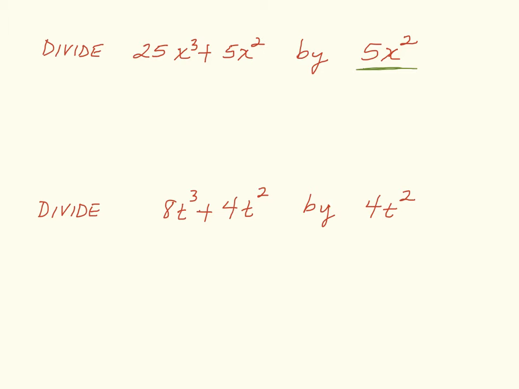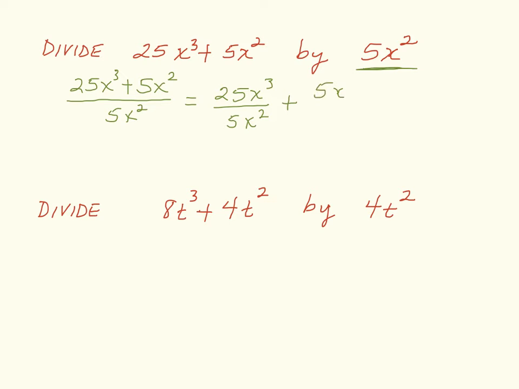So in order to divide a polynomial by a monomial, all you do is take that polynomial and rewrite it as 25x cubed plus 5x squared over 5x squared. Then you break it up. Break up the two terms at the top: 25x cubed over 5x squared plus, because there's a plus sign between them, 5x squared over 5x squared.